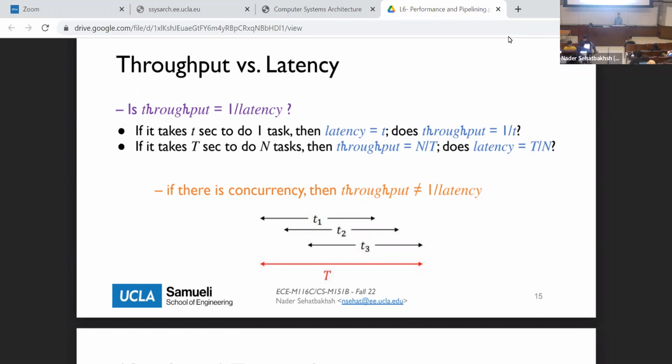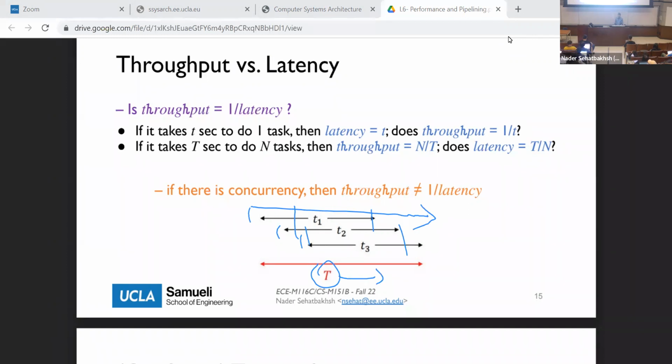So for example, I'm showing it in a graphic here. If you have 3 tasks here, here, and here, and there are some overlaps between these tasks, then the time it takes to finish these 3 tasks altogether is T. So this T basically becomes our latency.